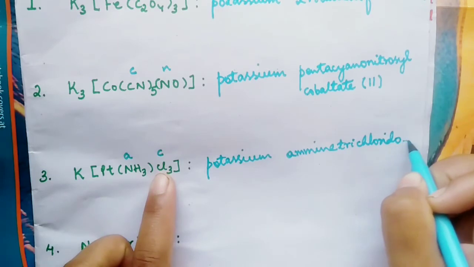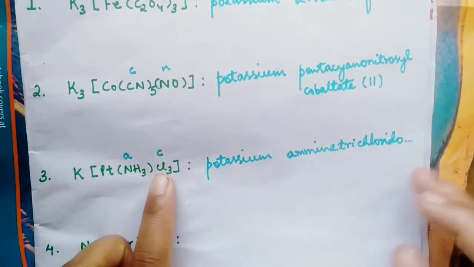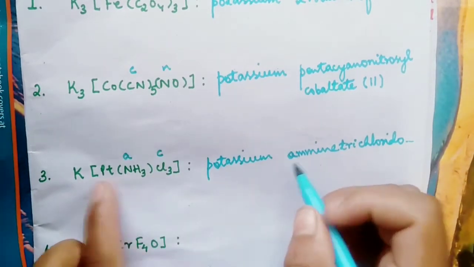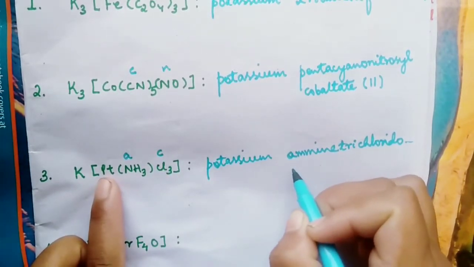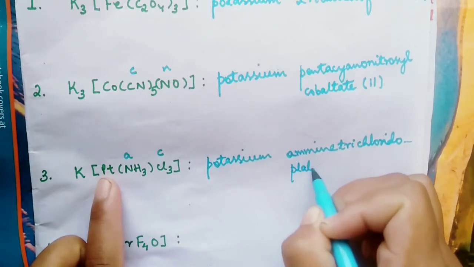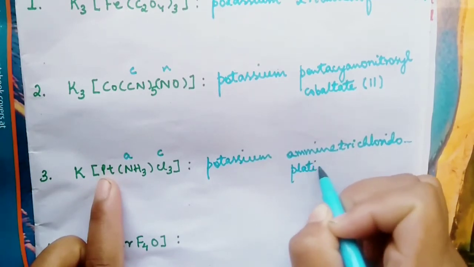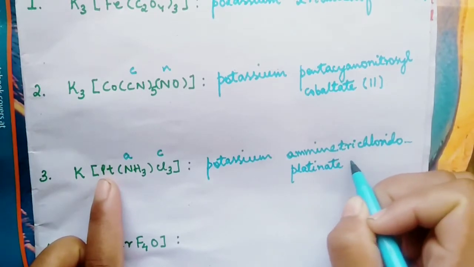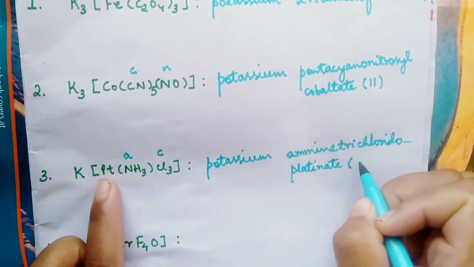Here I have no space, so that's why I'm continuing here. This one is what? It's not platinum, but platinate with the word ATE. Then what is the oxidation state here? It is 2.